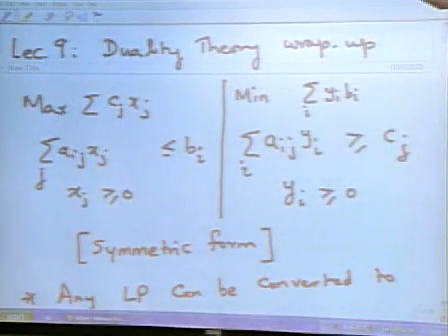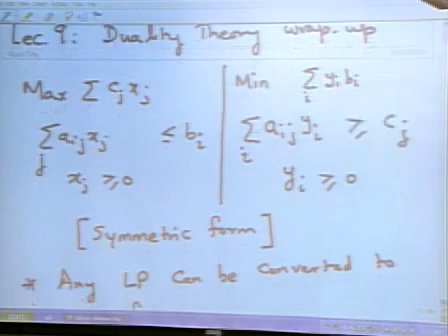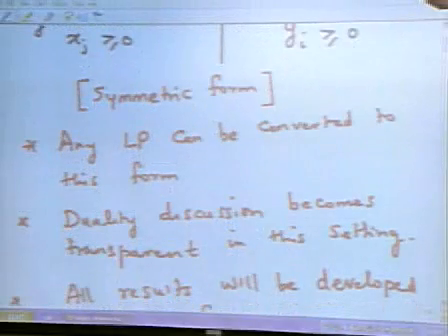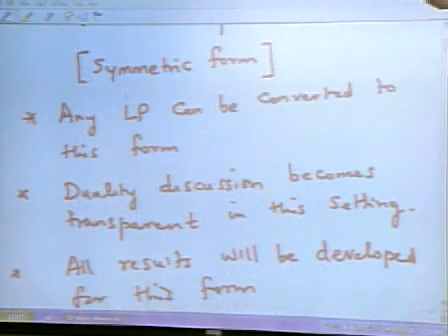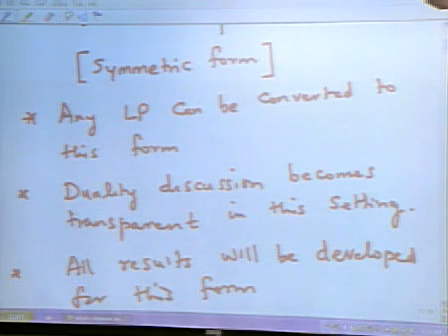Okay, so I may even put in one or two homework problems for you. Maybe a part of a homework problem in this homework will involve converting a general linear programming problem into a symmetric form LP.